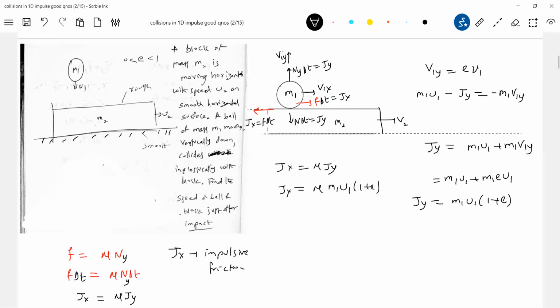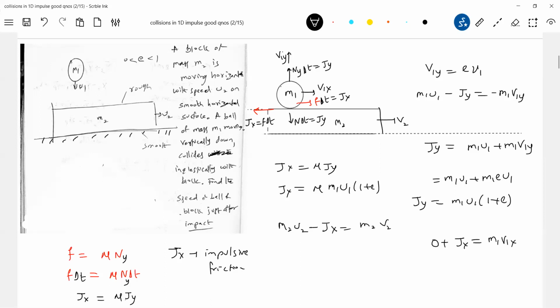Can we calculate v2 now? Yes. Applying it to the block, the initial momentum m2 u2 minus Jx, the impulsive friction, is equal to m2 v2. Solving this, I'll get v2 and v1. Again, along the x-axis on the ball, initial momentum is 0, the impulsive friction Jx gives m1 v1x.